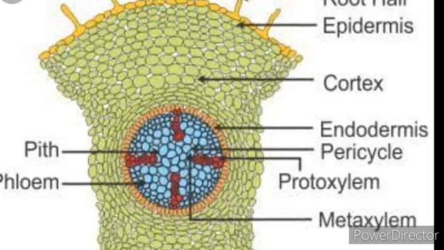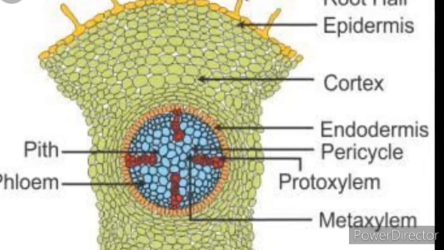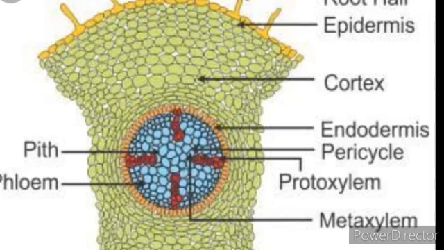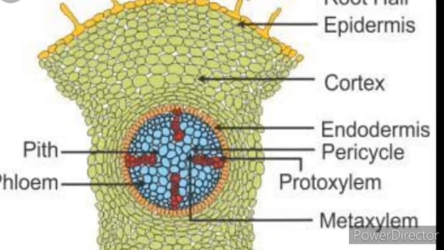So the next part is the stele, where you can see only tissues present inside. It consists of pericycle, vascular tissues and conjunctive tissues. Coming to the pericycle, it is present below the endodermis.